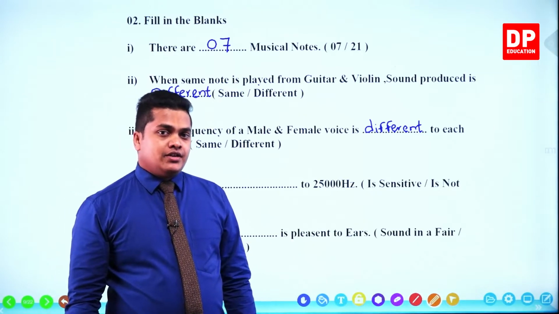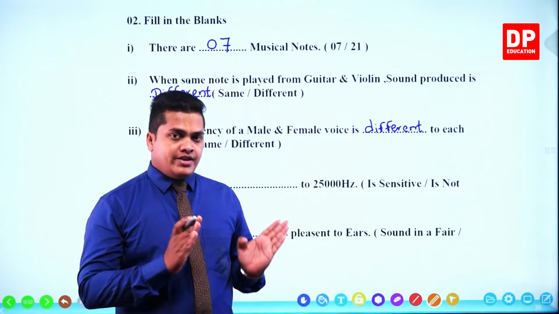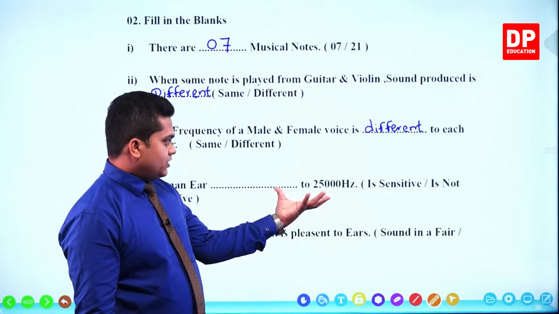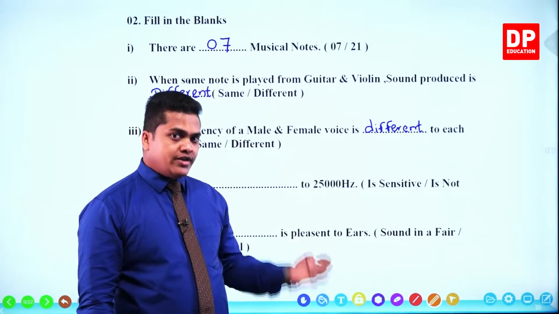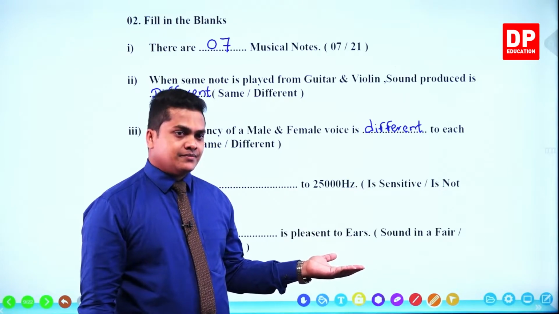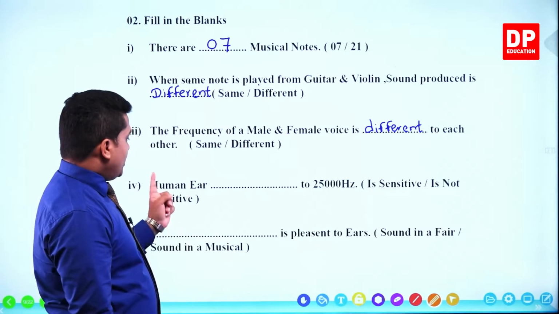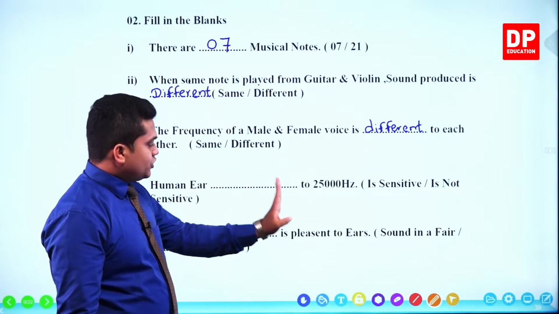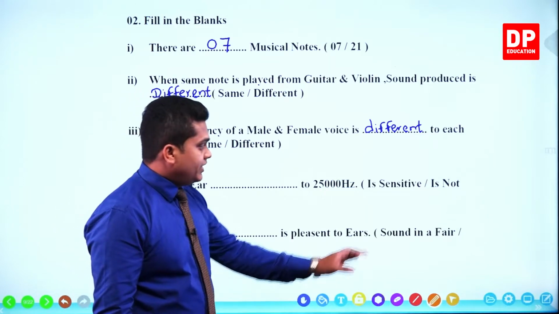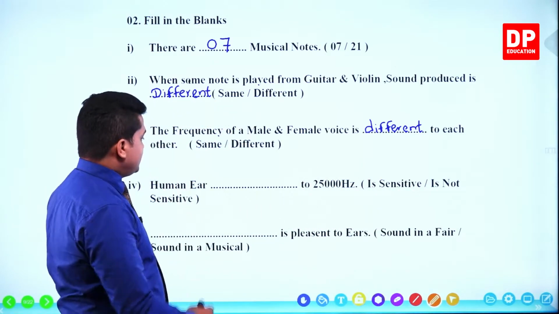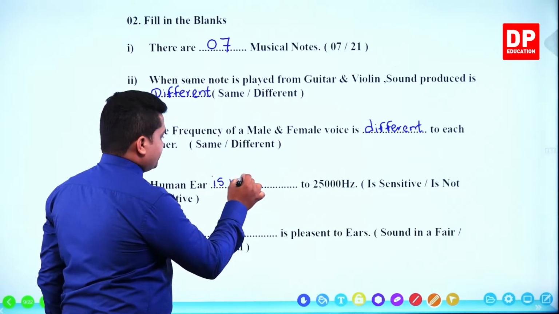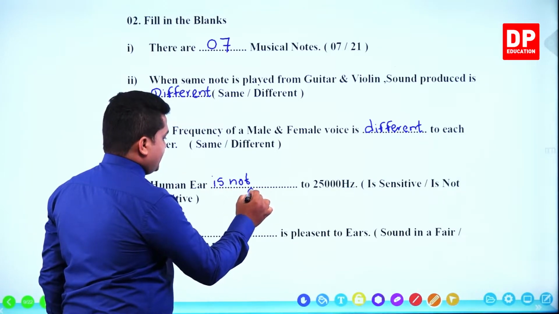The human ear can hear only 20 to 20,000 hertz. So 25,000 hertz is not, or it is not sensitive. So for human ear blank to 25,000 hertz, the correct answer should be is not sensitive.